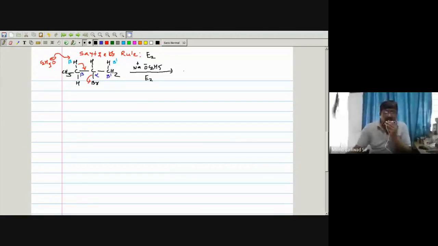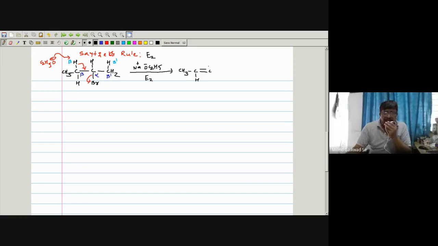If there is an abstraction of a beta hydrogen, then you get such a compound: there is a CH3, here is a C, here is a H, and there is a formation of a carbon-carbon double bond between the C alpha and C beta. Here, in this case, there is a H.